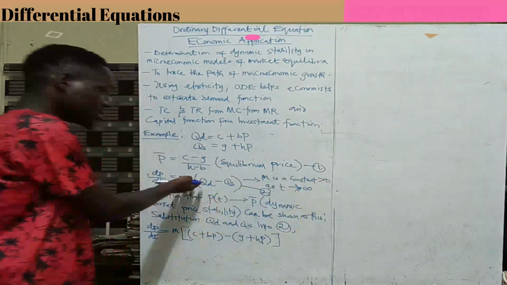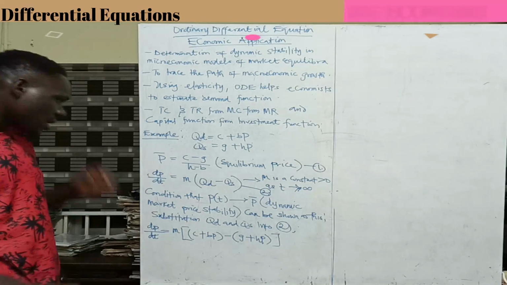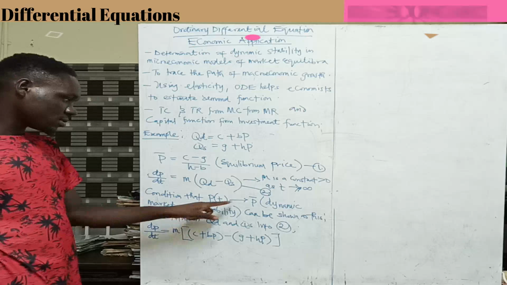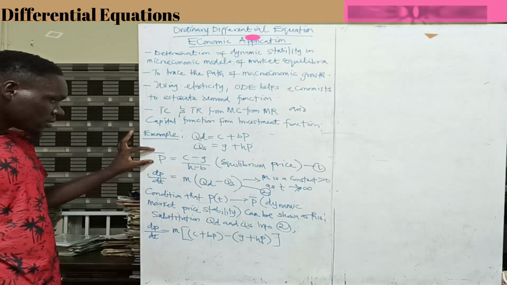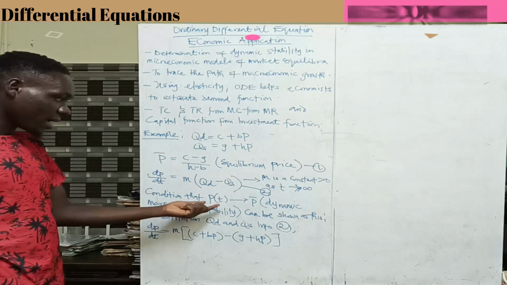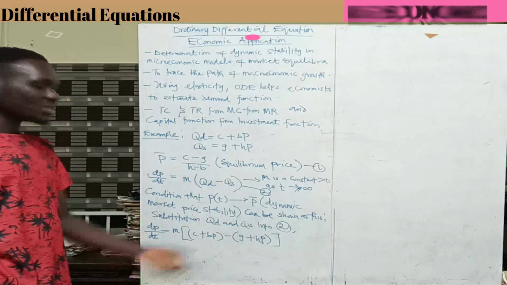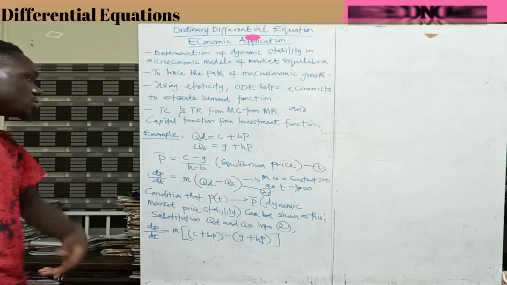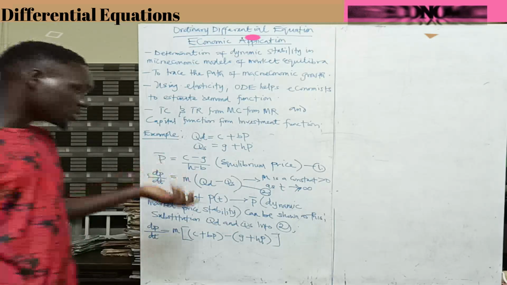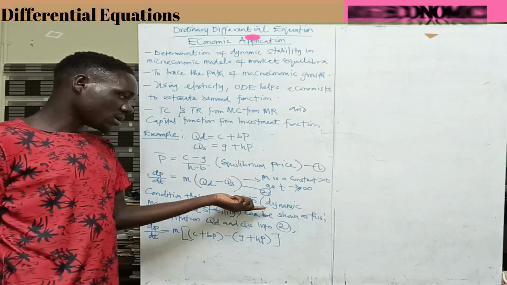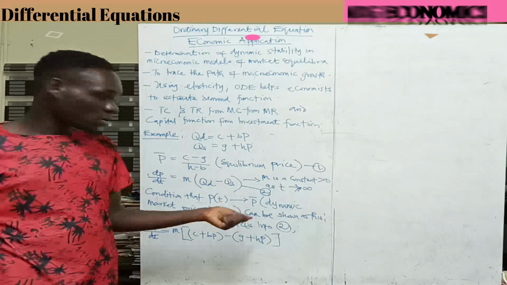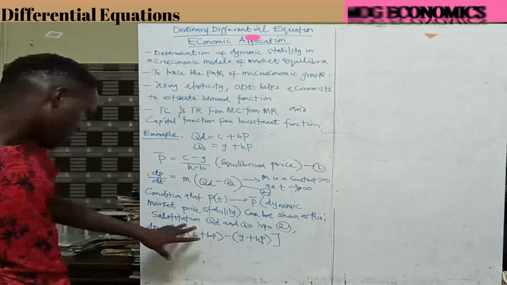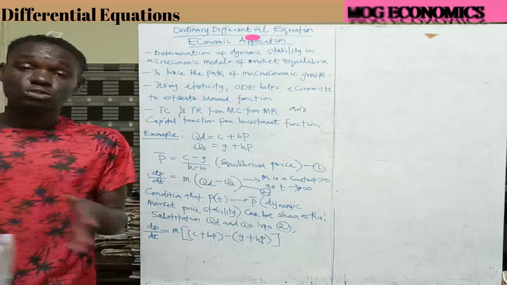Now, the condition that this tends to this, that is, our price tends to the equilibrium price, is just showing the stability condition. So this is the condition for which our price would gravitate towards the equilibrium price, which is going to be described now.